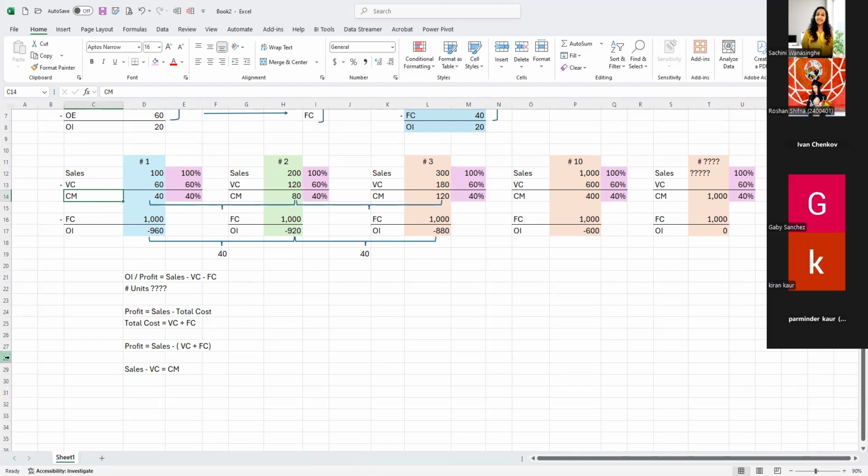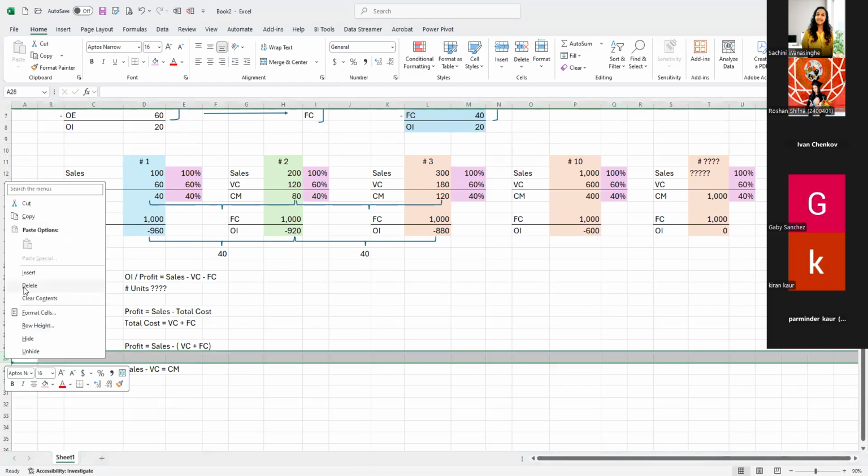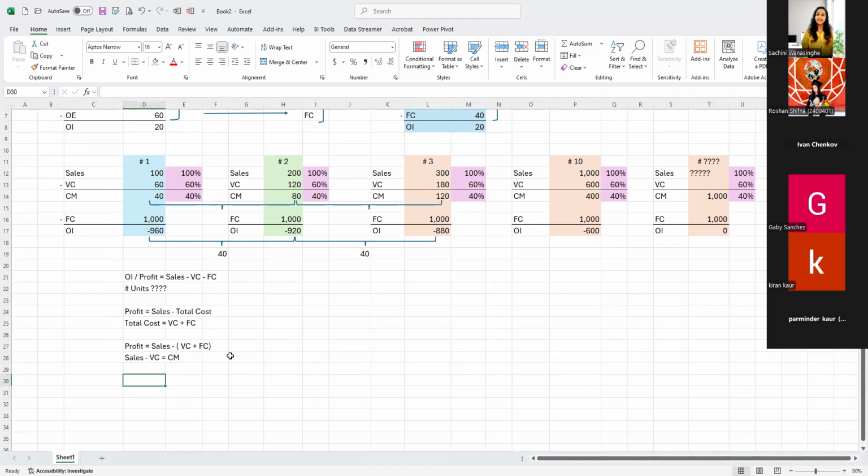If I want my profit to be equal to 0, what do I have to make sure?